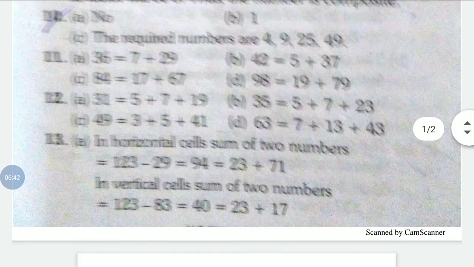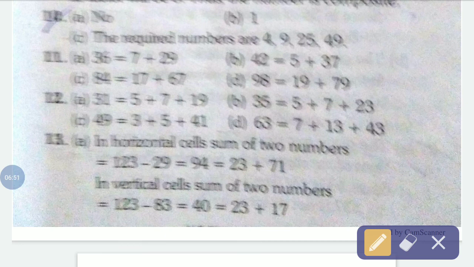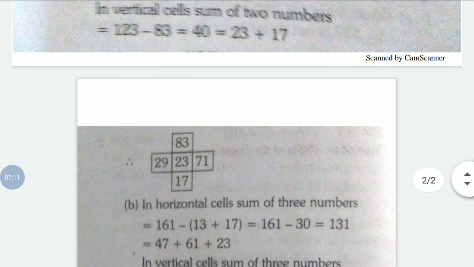Vertically, you can take 23 and 71. This will be your first combination. In this way, the numbers will be formed: 83, 23, 17, 29, 23, 71.